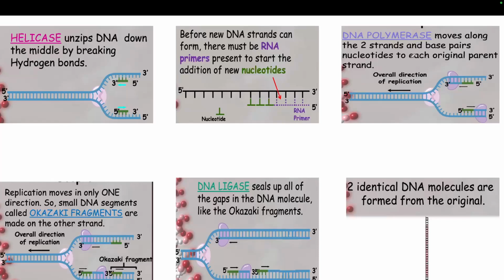Then in case of bacteria, DNA polymerase will come and move along the second strand and base pair nucleotides to each original parent strand. For one strand, that is called the leading strand here, it can easily go in the 5 prime to 3 prime direction. But in case of the lagging strand, you have to go always in this direction.